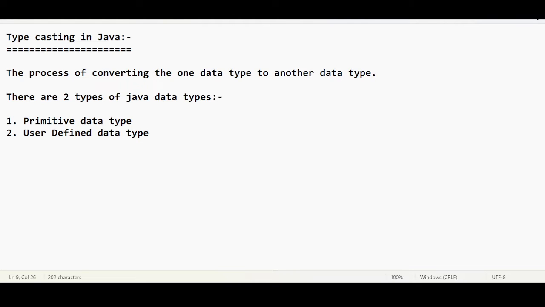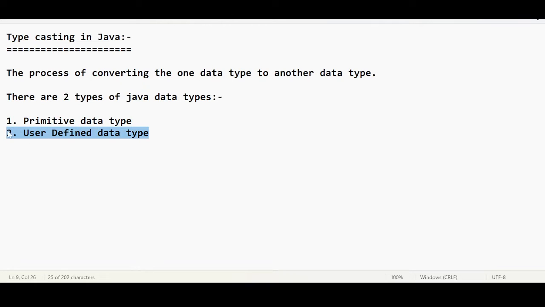Right? Today we will understand the primitive data type conversion. Under the primitive data types, we have 8 types. We know that already. Examples: integer, float, long, byte, double, and so on.